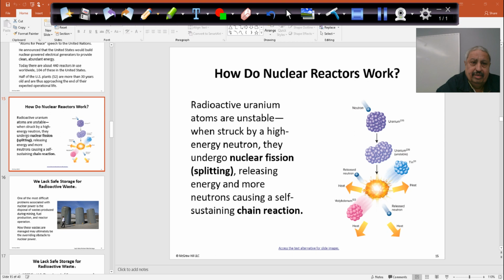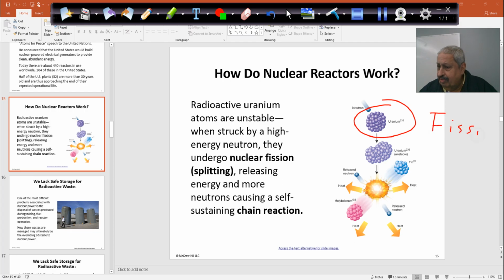Again, this is nuclear chemistry. You are not to worry about this. Nobody will ask you about this. But at least here's the uranium-235. Uranium has 238 and 235 isotopes, radioactive. The 235 is used for this type of fission.